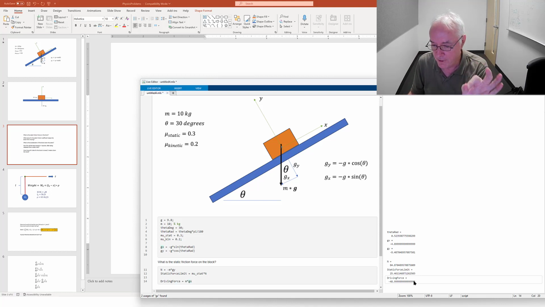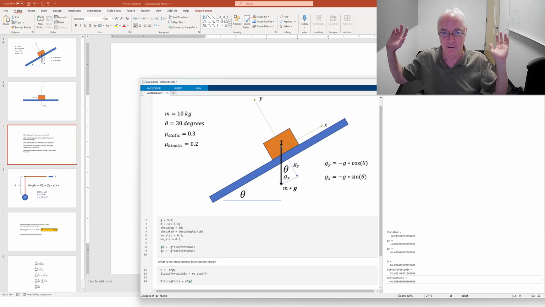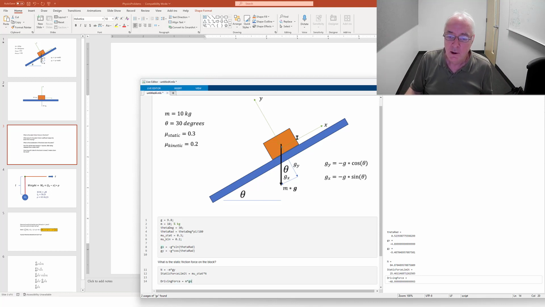I'll just call out that what we're really doing is setting an absolute limit, and the static or any kind of friction force is always going to act in a direction that's defined by the rest of the mechanical dynamics. And since the block wants to move down the plane in the negative x direction, the applied friction will be in the positive direction.